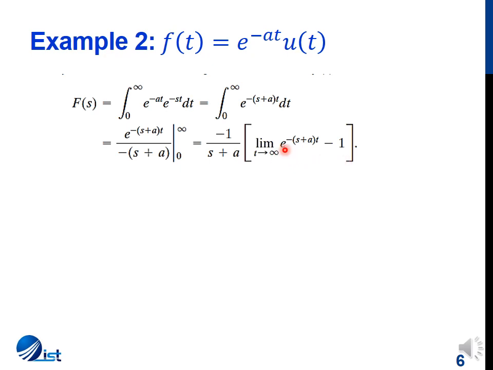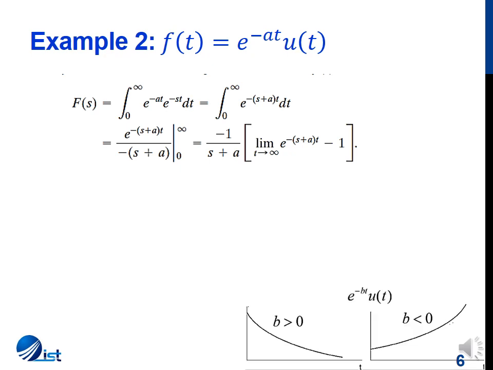Now again, this is an exponential function, and as we remember from the previous slide, if the power of the negative exponential function is positive, it means that the exponential is a decaying exponential, and as t approaches infinity, the value of the function approaches 0.